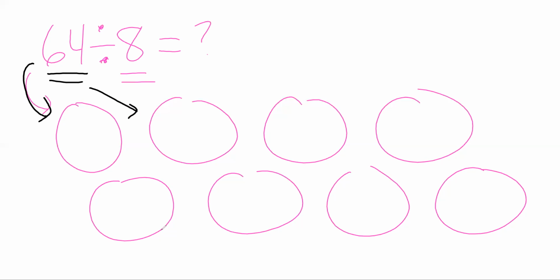So I'm going to start just by counting. Here we go. 1, 2, 3, 4, 5, 6, 7, 8. Okay, I need to get to 64. I'm only at 8, but so far every circle has the same amount. So I'm going to continue to add one more into each circle, counting on from 8.